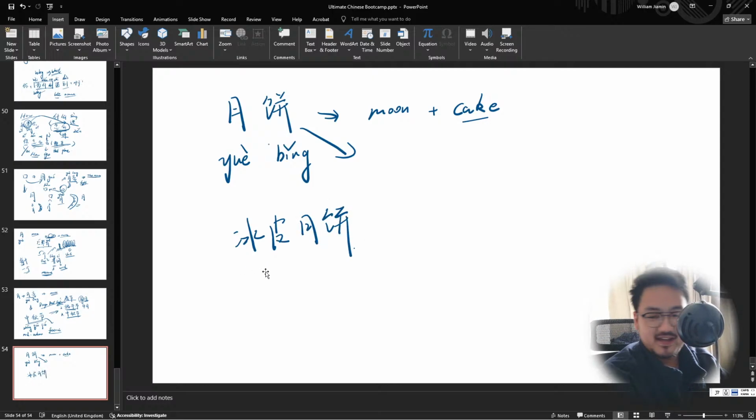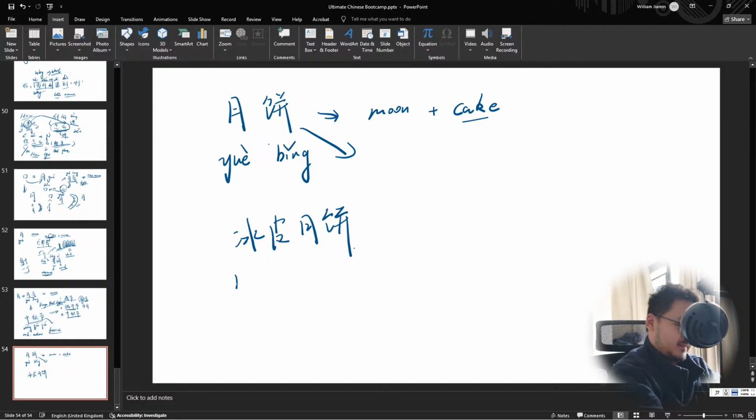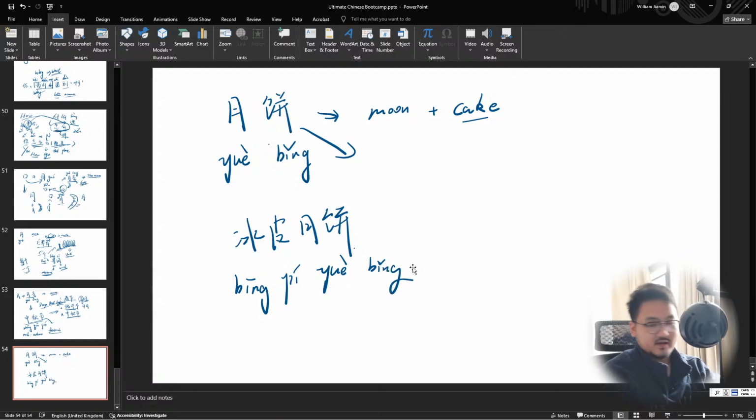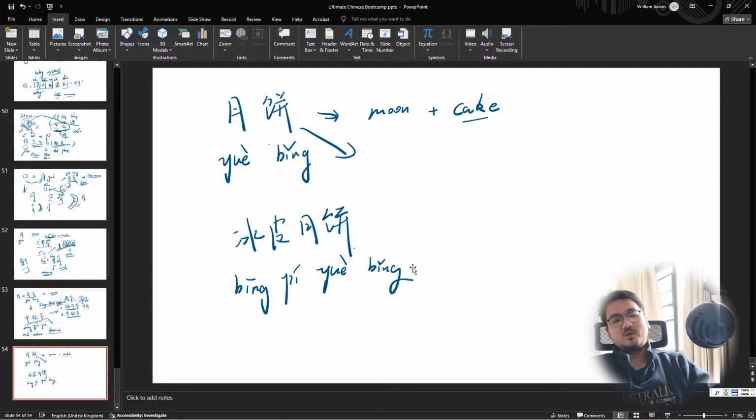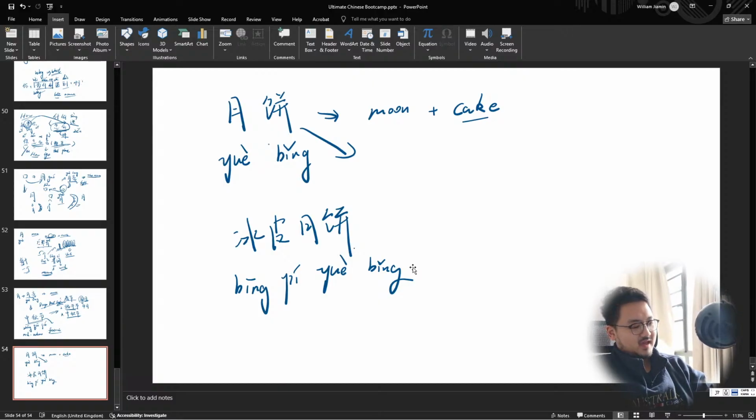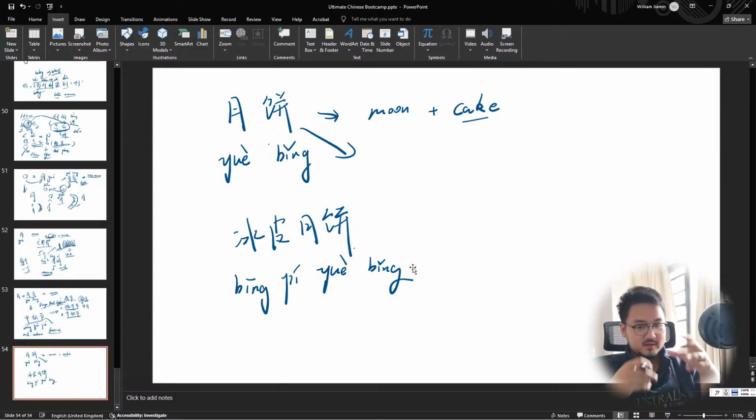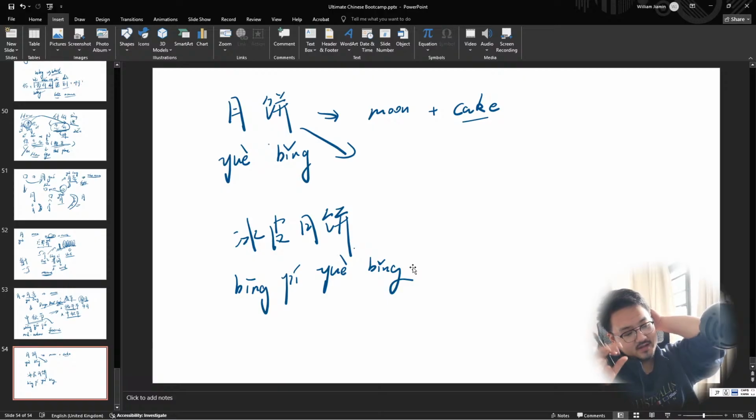So basically it's 冰 like flat, 皮月饼三声. You don't need to boil it, and you use 糯米, sticky rice.